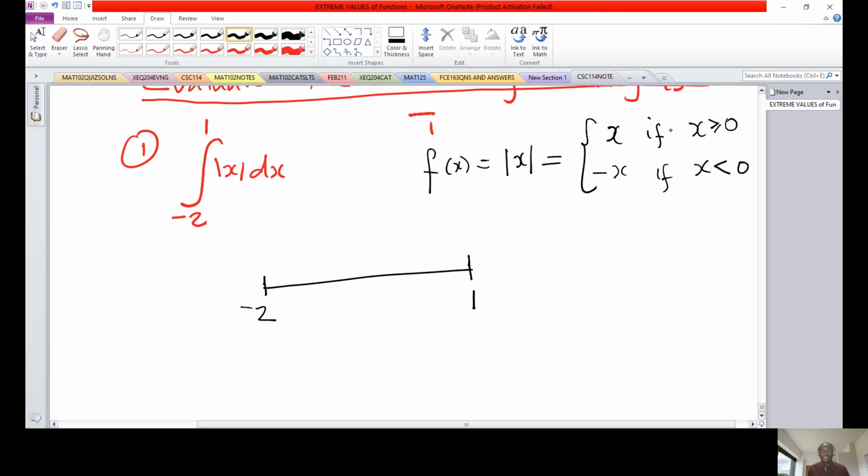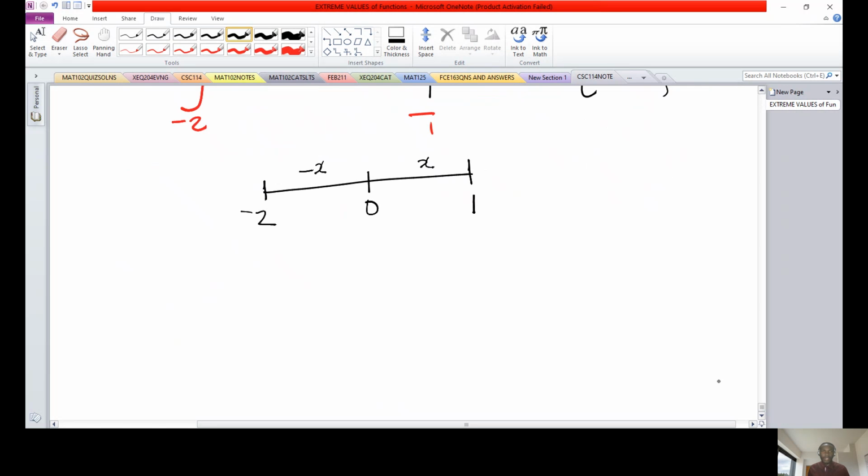And then remember, by definition here, the reference value in the definition of the absolute value function is 0. So we have a 0 here. From -2 to 0, the function is defined by the lower formula, negative x, and then from 0 to 1 it is defined by the first formula, x.